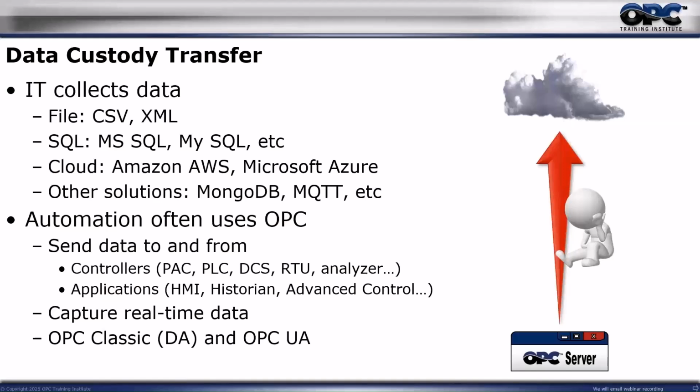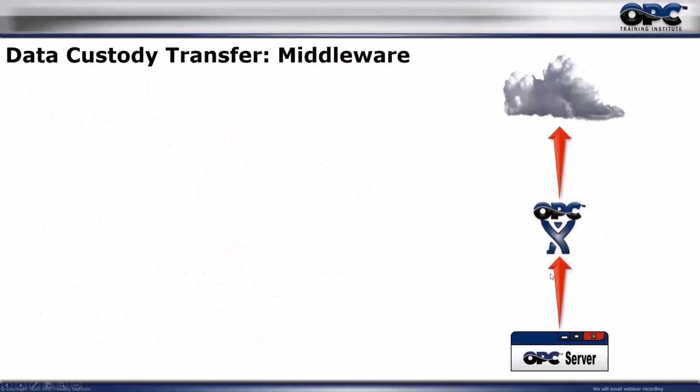And we're using OPC Classic or OPC UA, so OPC with DCOM, OPC DA or OPC UA. We're capturing real-time data, we're reading, we're writing, but all of this is done by automation. So down here, at the bottom, automation usually does things with OPC, transfers data with OPC. Up here, IT wants to capture our data and put it in some database. And what we're talking about is, how do we do that data custody transfer?